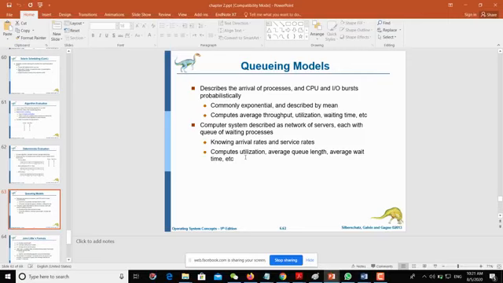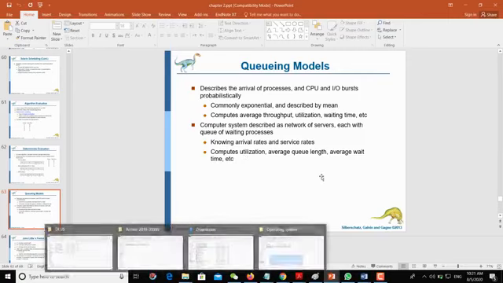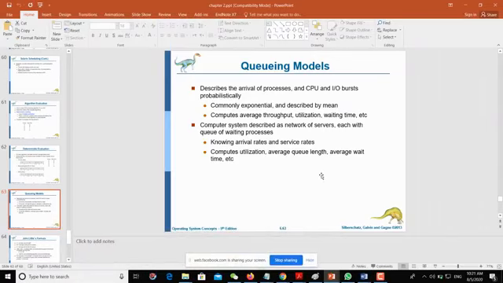Okay, so knowing arrival rates and service rates. Arrival rate means when a process arrived for the processor, and service rate means how much time the processor took in executing that process. And then it computes utilization. In queuing models, we compute the utilization, how much an algorithm or a task or a process got utilized.